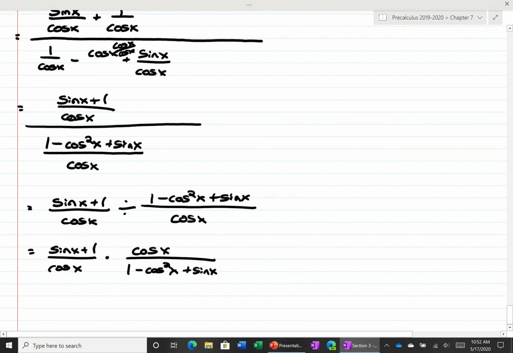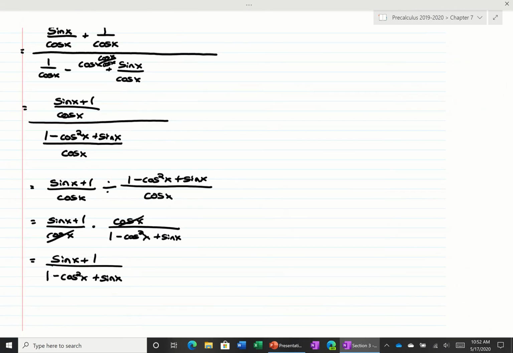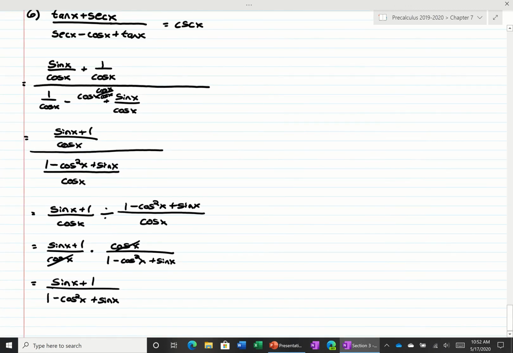All right, and we're multiplying the top and bottom by cosines. So really, we're down to this. Using just pretty basic math, we converted to sines and cosines. We got a common denominator multiplied by the reciprocal. I mean, that's pretty basic algebra. And think about what we want to get. The other side was cosecant.